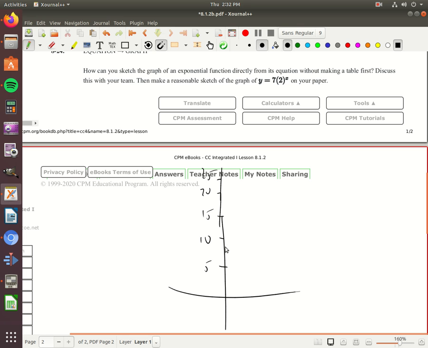But I know it starts at 7, right? So 0, 7, and then it just starts doubling. So at 1 I get 14, and at 2 I get 28. So I'm going to get that steep curve for sure, and it will look something like that. So I know that this is my starting point, and that this is my multiplier, so I can just sort of do the table in my head.